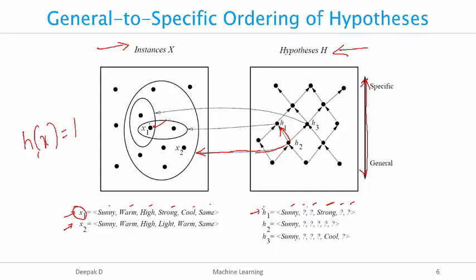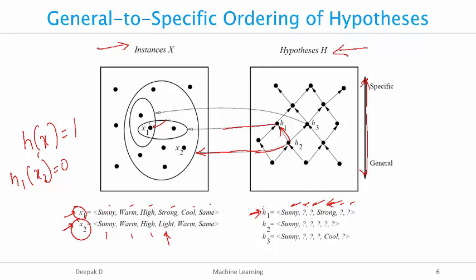Now let's consider the same example with x2 with respect to H1. Sunny is there, warm, any value is acceptable, high, any value is acceptable. Here we have light and we have strong, which means that H1 is not satisfying x2, so you can write H1 of x2 equals 0. Here you can see the notations.